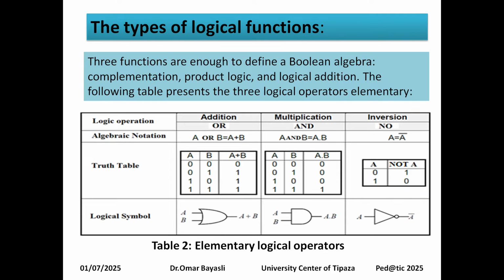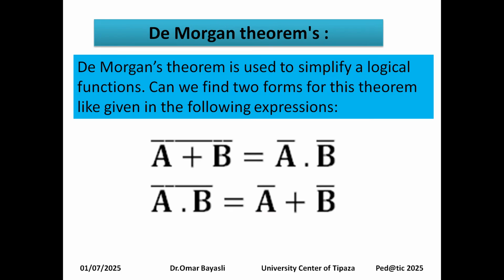In the addition operation, we have A or B equals A plus B. Multiplication operation, we have A and B equals A times B. Inversion operation now is given by not A equals A bar, as shown in the following table.